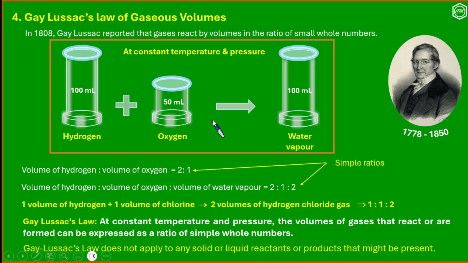Gay-Lussac's discovery was actually the law of definite proportions by volume. The law of definite proportions, which we studied earlier, was with respect to mass. However, Dalton did not agree with this proposition. The Gay-Lussac's law was explained properly by the work of Avogadro in 1811.